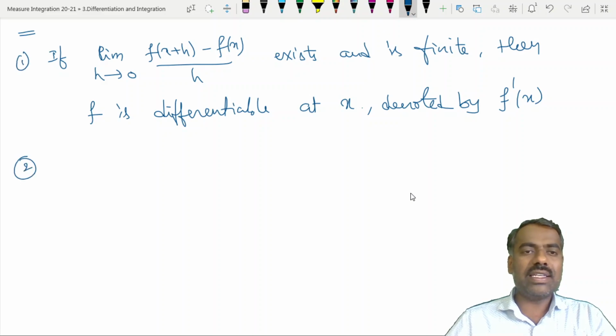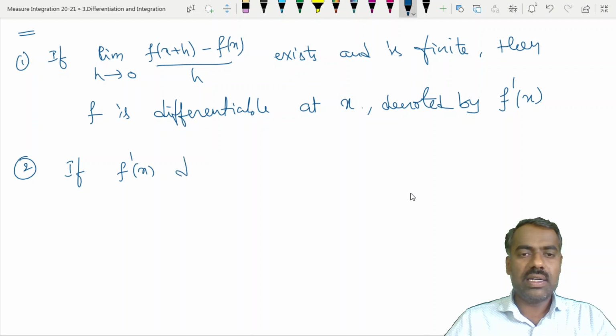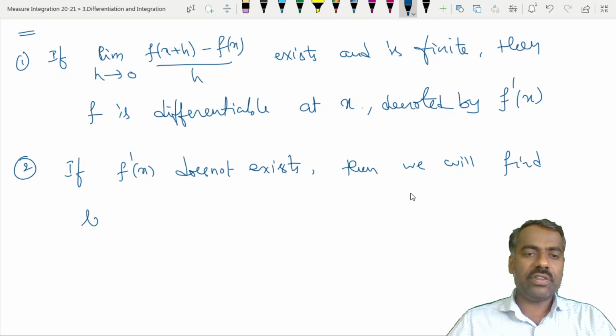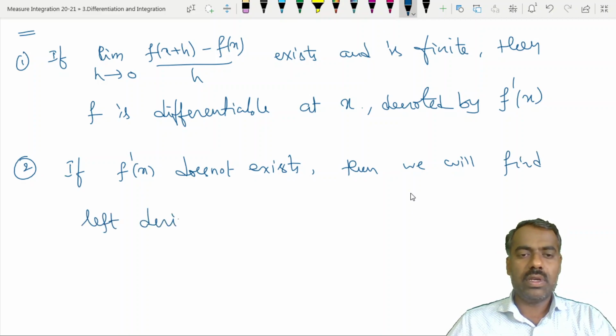If the limit does not exist, then we can talk about at least the left hand derivative and the right hand derivative. So if f dash of x does not exist, then we will find the left derivative, f dash of x minus.